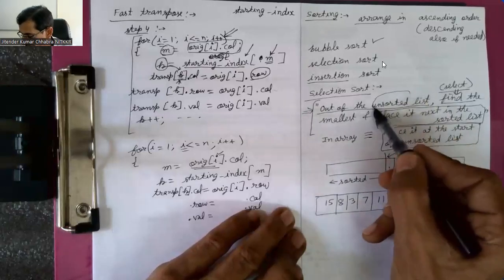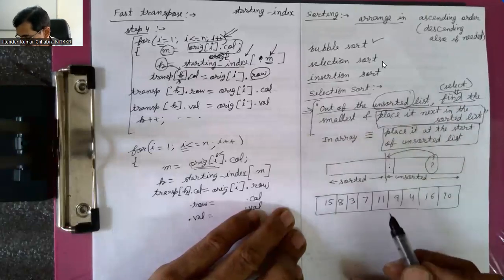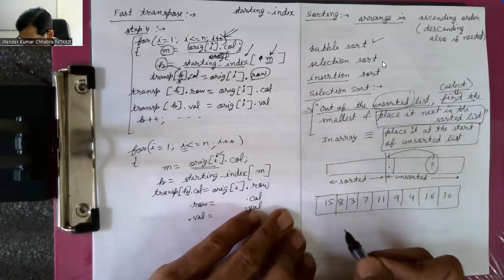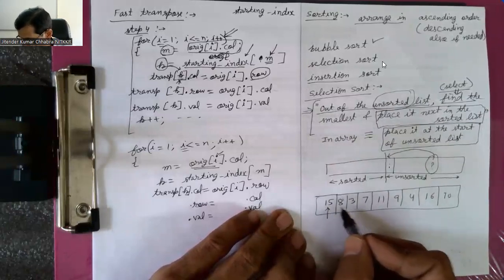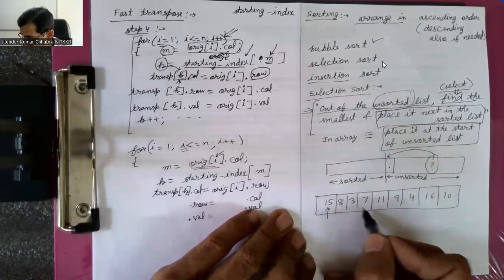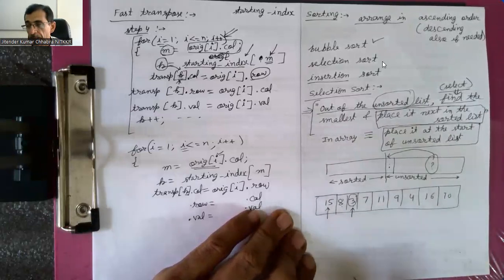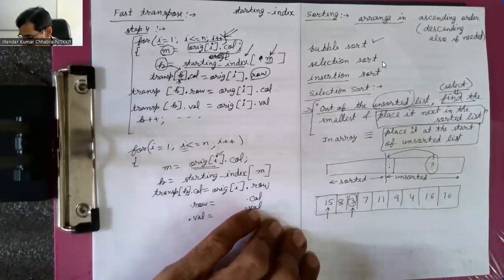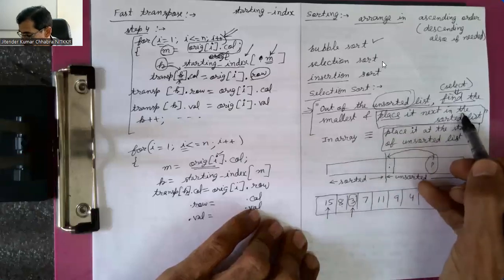So it says out of the unsorted list, select the smallest, find the smallest. How to find the smallest? I will start from here. Say this is the smallest. Then next I will say, okay, 8 is further, 8 could be the smallest. And through this process, I will find the smallest here. 3 is the smallest. 3 should be placed next in the sorted list.